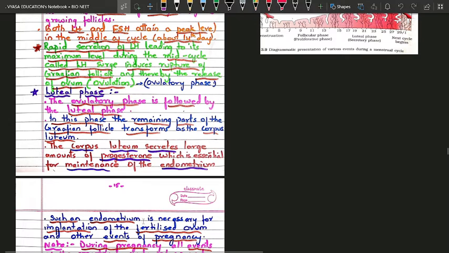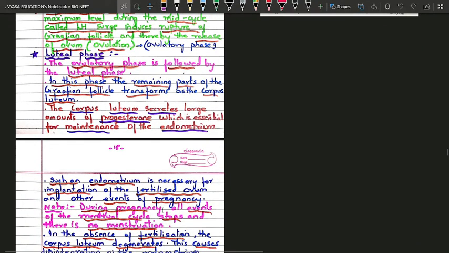Such an endometrium is necessary for implantation of the fertilized ovum and other events of the pregnancy, so it has to take care.